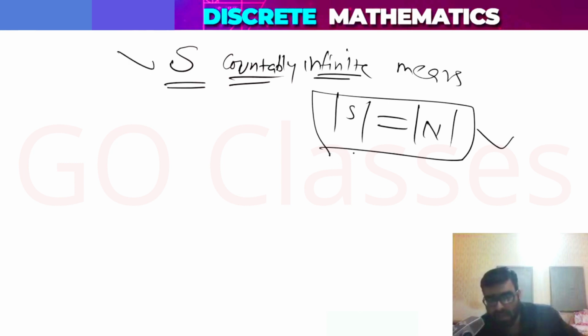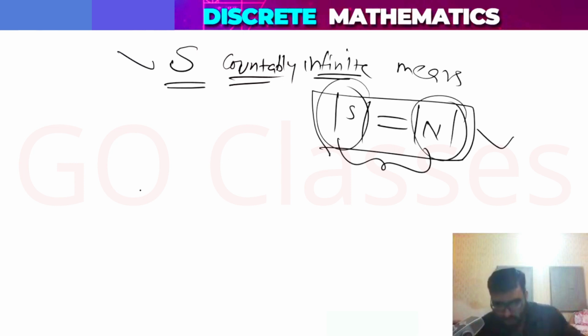And what is the definition of this equivalence? The cardinality of set S is equal to the cardinality of set N. This is the definition that you already know, either method 1, method 2 or method 3. Now let me tell you what method 3 is. Method 3 is called the countability lemma.